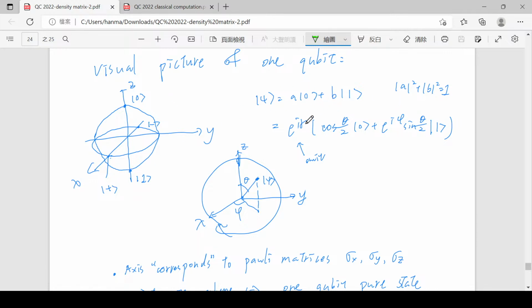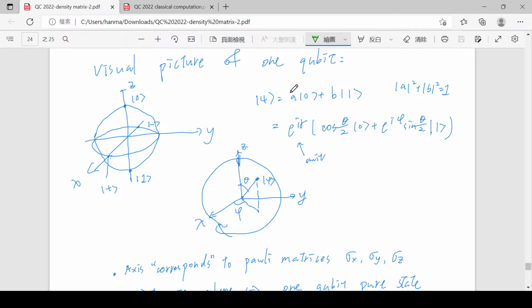Let's say the phase of A is e to the i gamma, and the phase of B is e to the i gamma times another phase e to the i phi. So obviously we can write A and B like this.